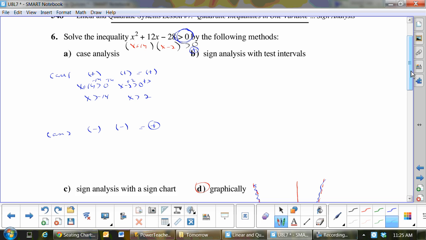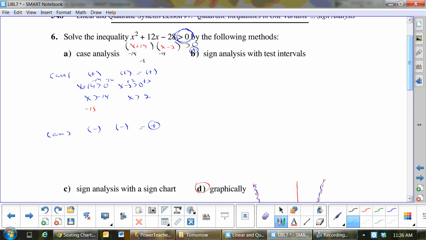Now you want to pick test intervals because you don't know part D yet. You haven't graphed it, right? And that's why they did D last, because they didn't want you to actually know the answer before you start. But you pick numbers like less than negative 14. We'll pick negative 15. If you put negative 15 into your original equation, negative 15 plus 14 is negative 1.